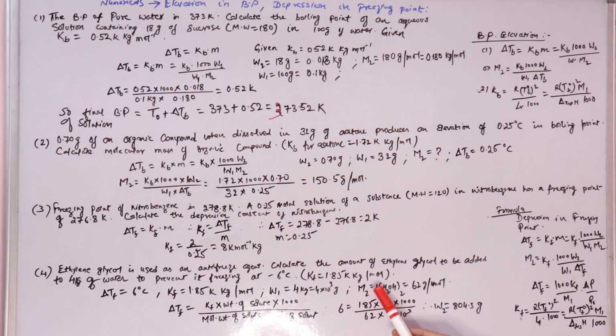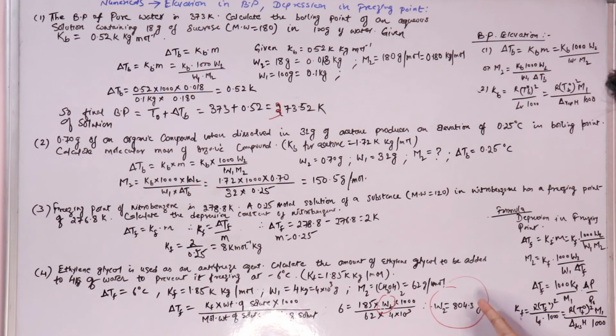So M2 we have, W1 we have, Kf we have. Putting all these values, delta Tf we have, we need to calculate W2, this value. So putting all the values here, we get W2 as 804.3 gram.